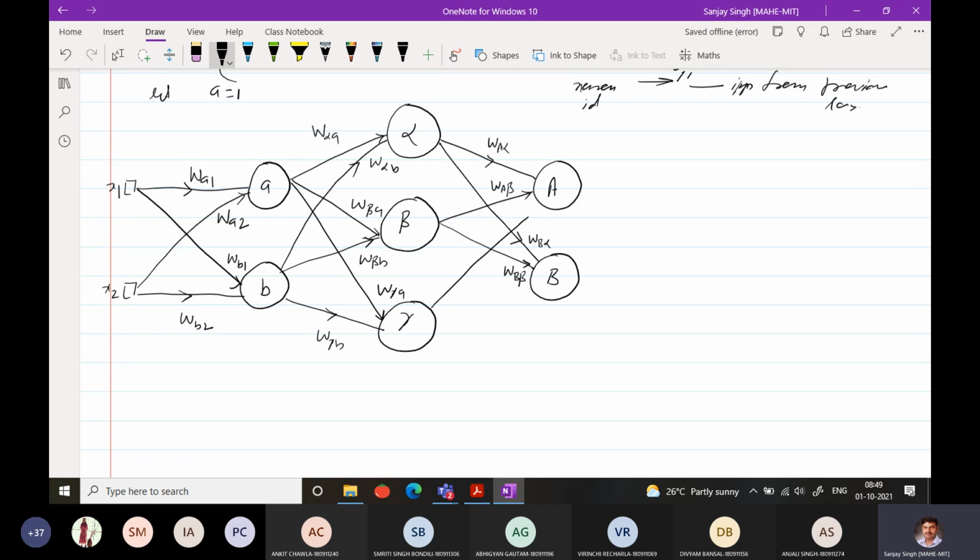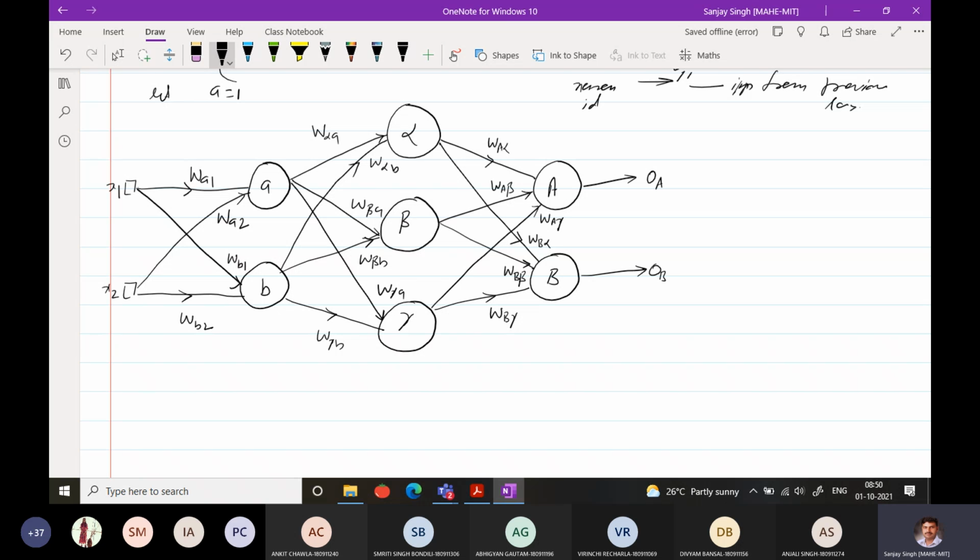And this will be W A gamma, and this will be W B gamma. Let me call the outputs OA, output of output neuron A, and OB, output of output neuron B.